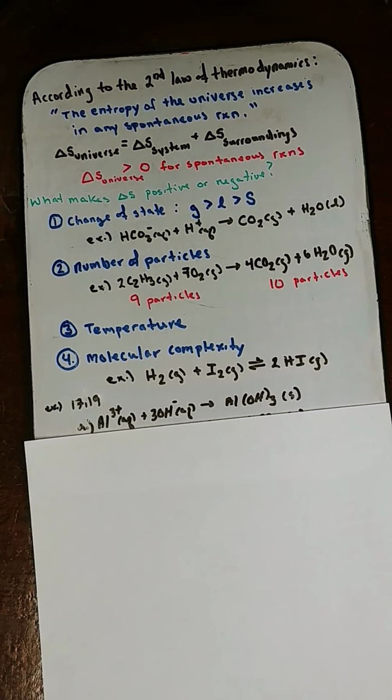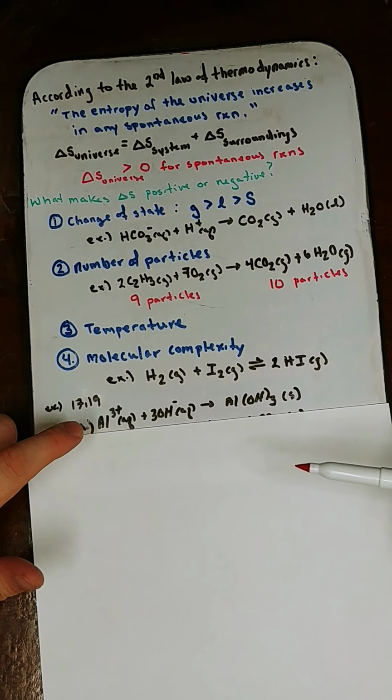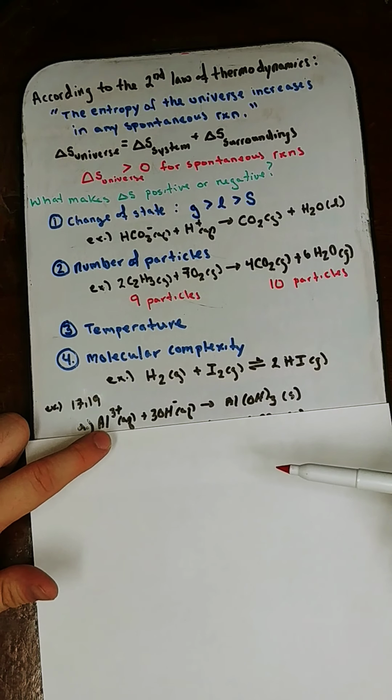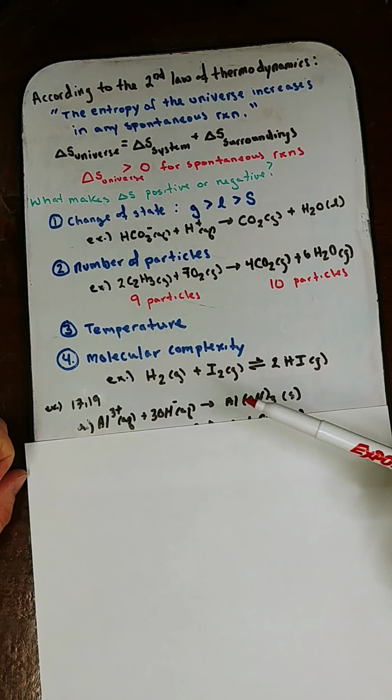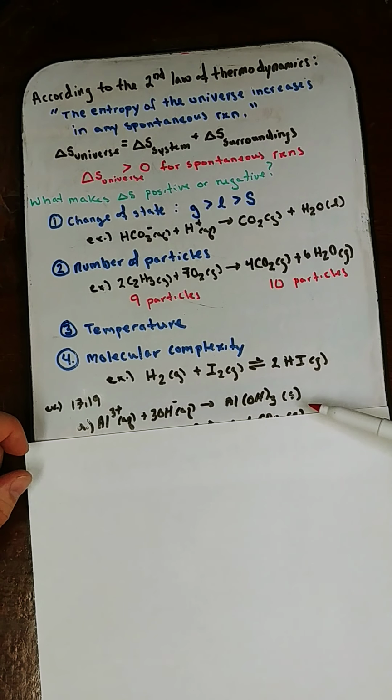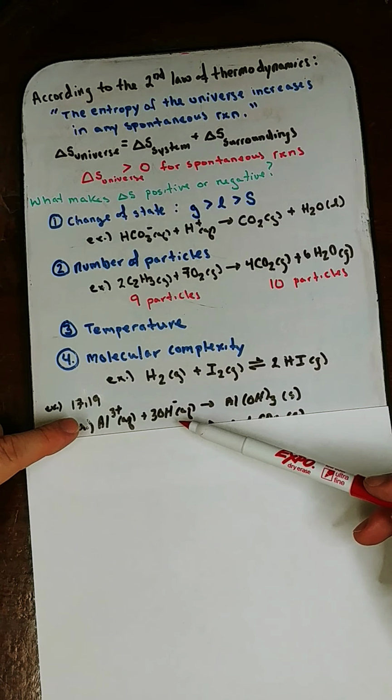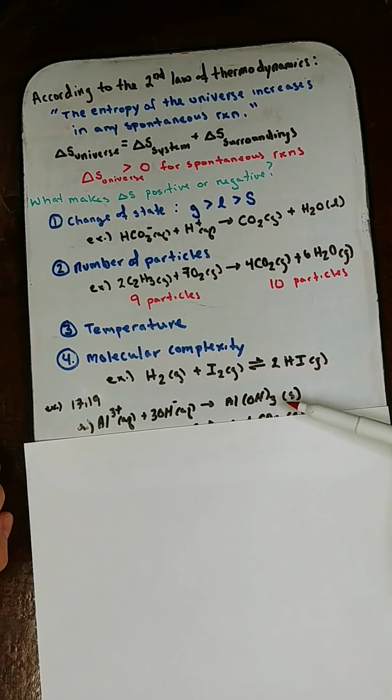So this is example 17.19 from your textbook. This is in the back of the chapter. And if I look at part A of this problem, I have aluminum 3 plus in the aqueous phase reacting with 3 aqueous hydroxides to produce 1 solid phase aluminum hydroxide. So in this reaction, I have 4 particles in the aqueous phase becoming 1 particle in the solid phase.